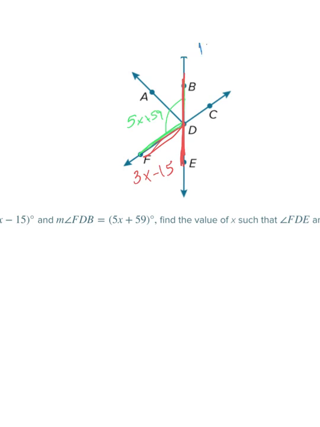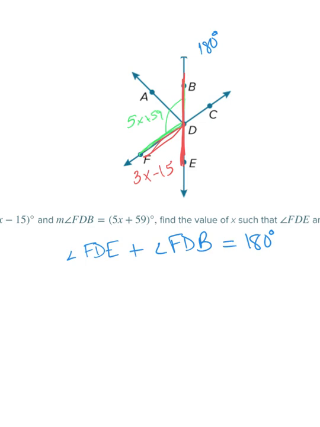And straight lines have 180 degrees. So whether you use the diagram or the vocabulary word, we can say that angle FDE plus angle FDB together add to equal 180 degrees.